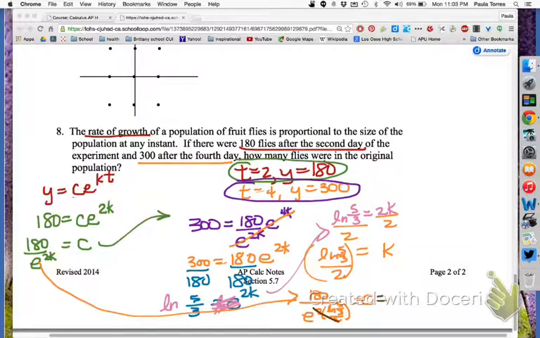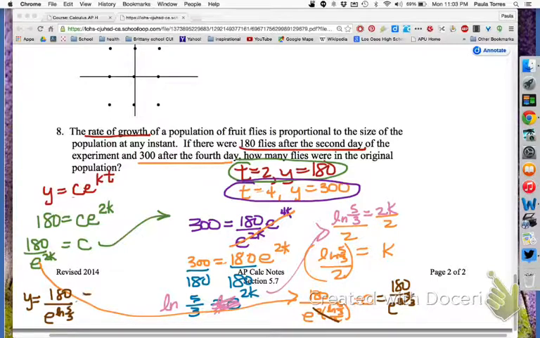So I'm going to have 180 over e to the natural log of 5/3. So my original equation is y equals 180 over e to the natural log of 5/3. Oh, I didn't even notice that's going to magically cancel out too.